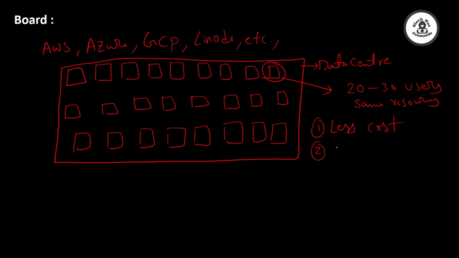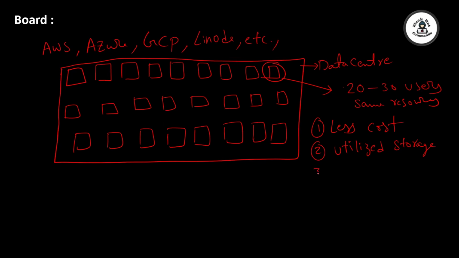And utilized storage. Previously, we discussed that they used only 7 GB of the full storage and the rest remained empty, unused by anyone and wasted. But now 20 to 30 customers are using the same storage, and each can use 100 GB, so all the storage is easily consumed.